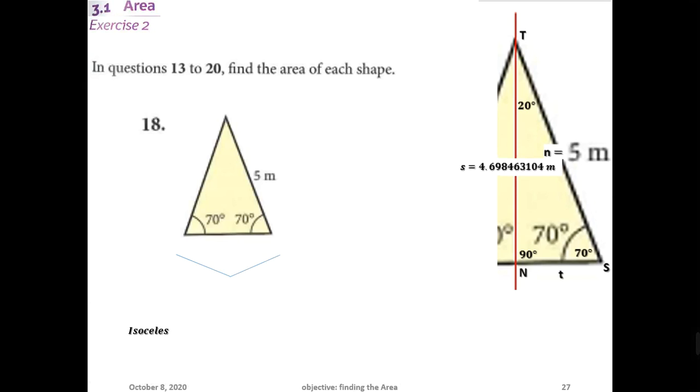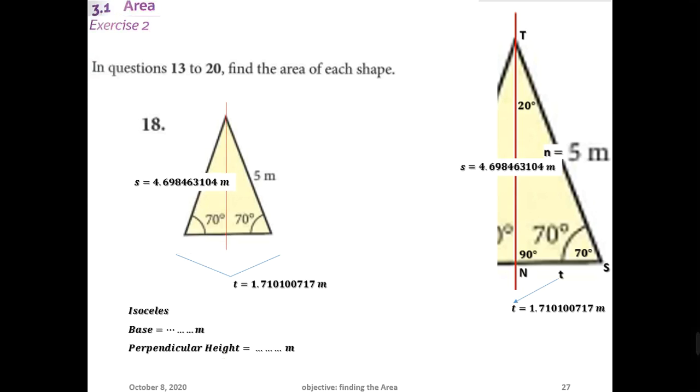Let's display here. So this is the isosceles. We found half of the base. We found the total perpendicular height. So half of the base is 1.71. The other half is also 1.71 because when we draw the height from the apex down to the horizontal base, it's gonna bisect the base into 2 equal parts.